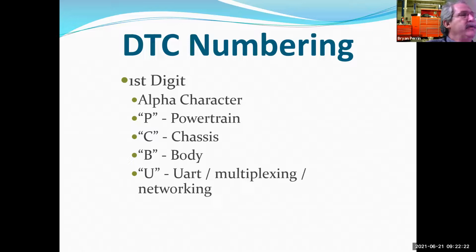And it's also interesting because you can go into some modules where you get multiple code designators, not just one plus a U, on some of these general electronic modules, where you might get C and B codes and U codes out of the same module because of how it's networked and what it's doing.